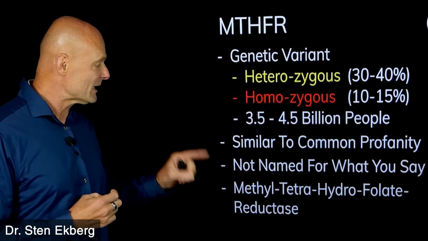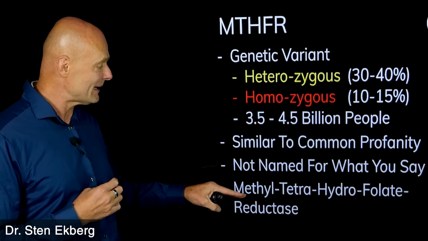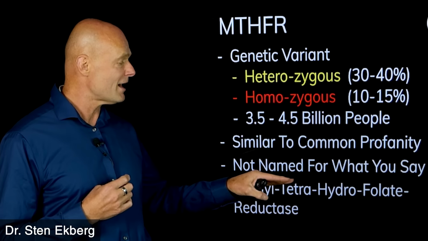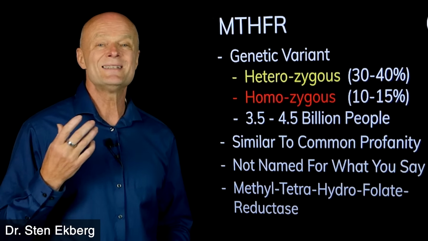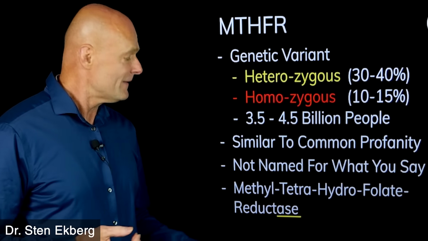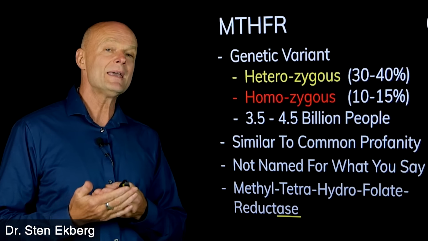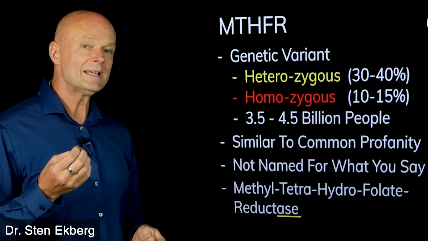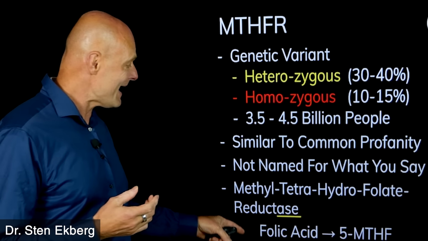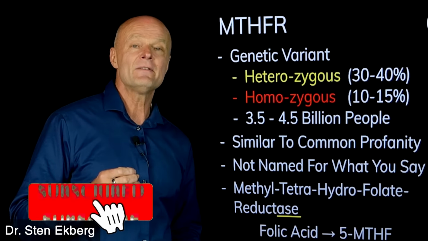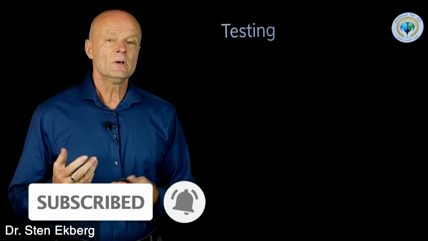It is named because of the letters they spell out: methylenetetrahydrofolate reductase. And the ASE here means that it's an enzyme that we make so that we can turn folic acid into the active form called 5-MTHF.